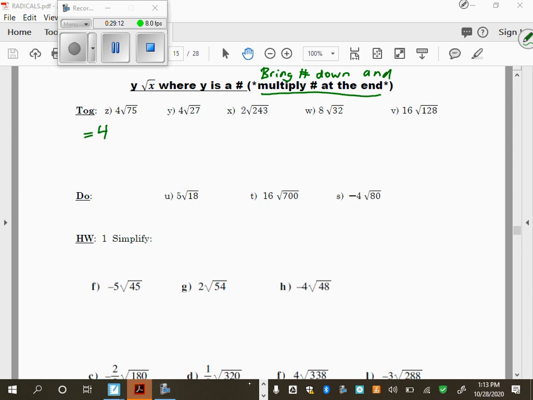So we see a 4 here, we ignore it really. We just ignore it till the end. At the end, we multiply the other number by 4. First step is to break up the 75. Okay, so we know that 25 times 3 is 75. Again, ignore the 4, just bring it down.